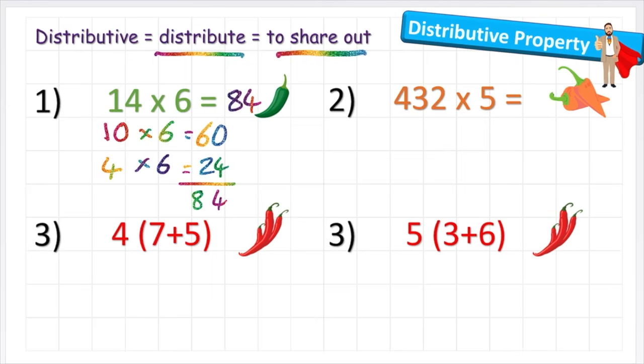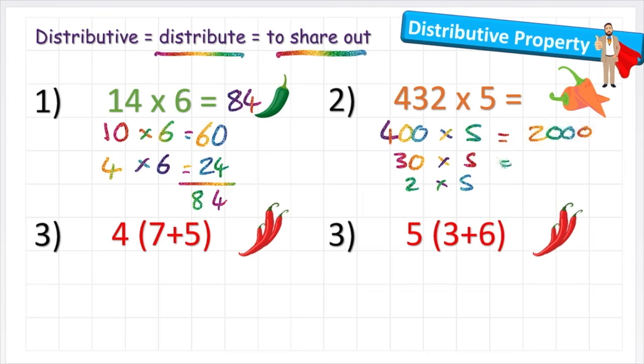For example, in this second example, 432 times 5 is obviously a difficult question to answer, but if I work out quickly what 400 times 5 is, then look at my 30 times 5, and then my 2 times 5, I can do those numbers quite easily in my head. 400 times 5 is 2000, 30 times 5 is 150, and 2 times 5 is 10.